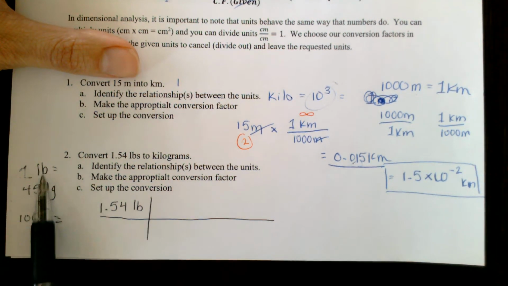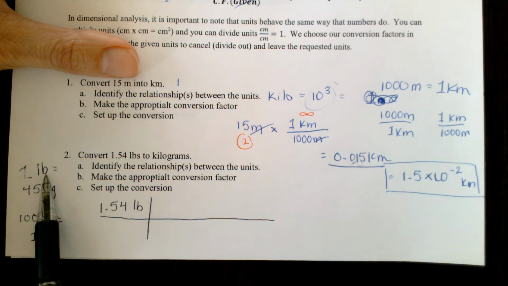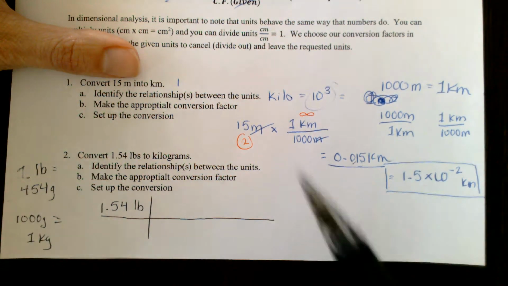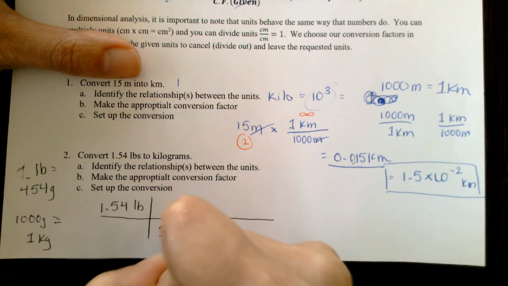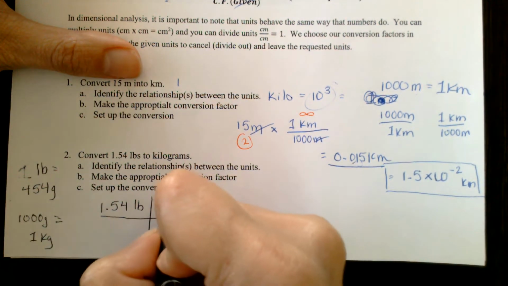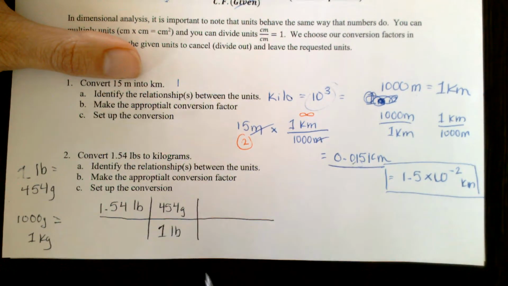Okay, so we're going to go from pounds to grams first. If we take a look, we want pounds to be the unit that is canceled. We're trying to get rid of pounds, so this 1 pound has to go in the denominator. So we're going to put our 1 pound here, and then we know our 454 is going to go on the top, in the numerator.